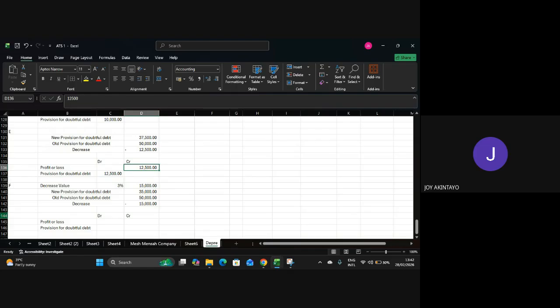We debit what? I said credit. It will be on the credit side. So 15,000 naira will be on the credit side. Then we debit our 15,000 naira for provision to reduce it by 15,000 naira.